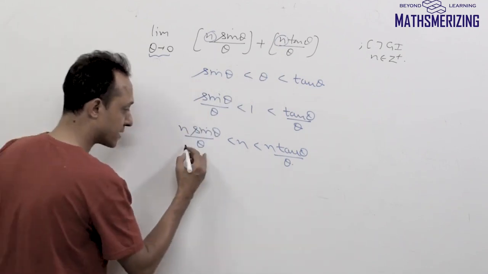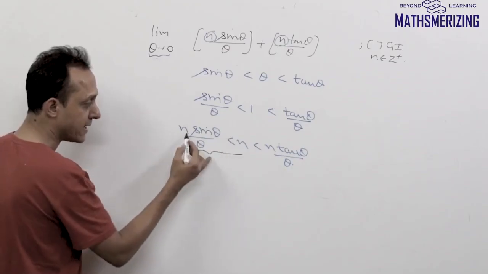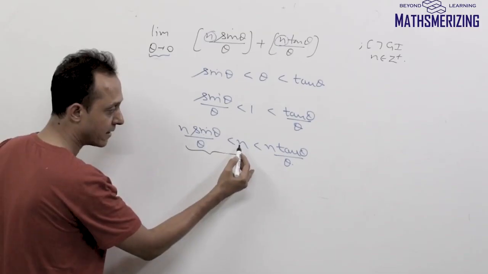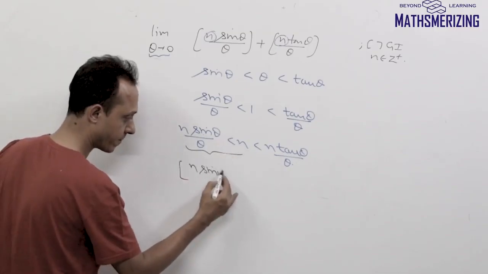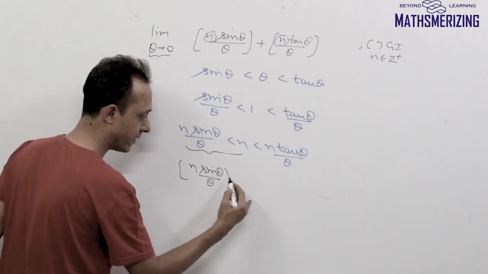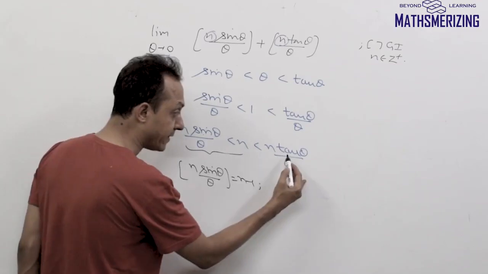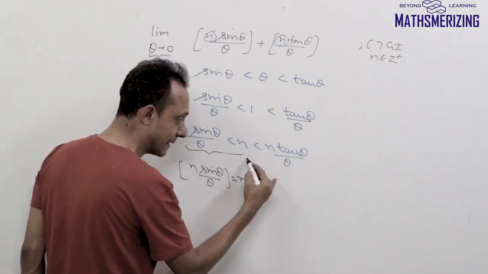Now, looking at this first expression, I know sin theta upon theta is nearly 1. So this value n sin theta upon theta is nearly n, but exactly not equal to n, a little less than n. So the greatest integer function of n sin theta upon theta will be n minus 1. In the same way, tan theta upon theta is nearly 1, but a little greater than 1.